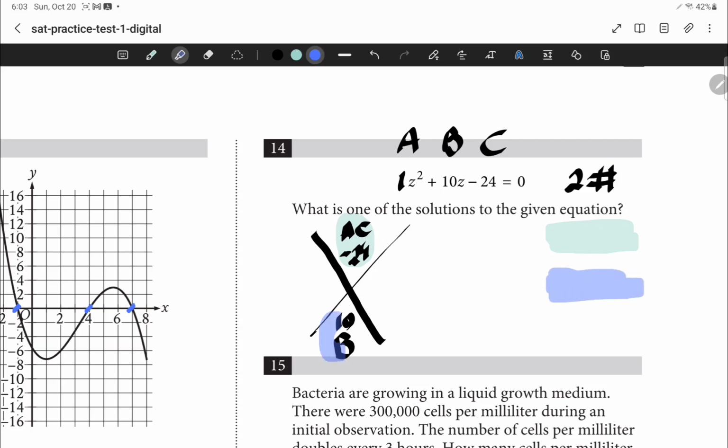Okay, so let's go back. If I multiply the two numbers, they're going to give me negative 24. And if I add them, they have to give me 10. That's how factoring is going to work.